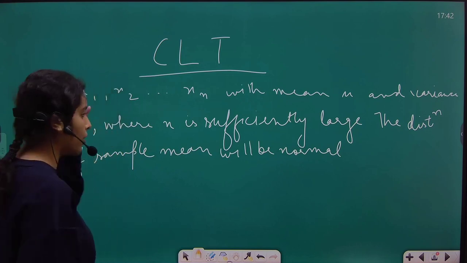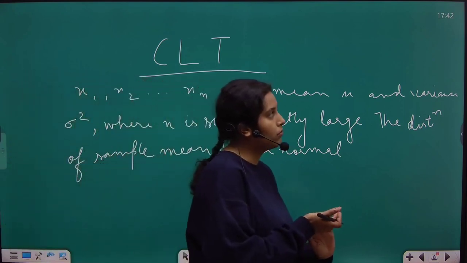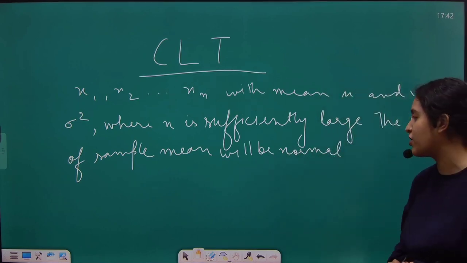This is the central limit theorem, which states that whatever the distribution of the population, it doesn't matter if n is large.